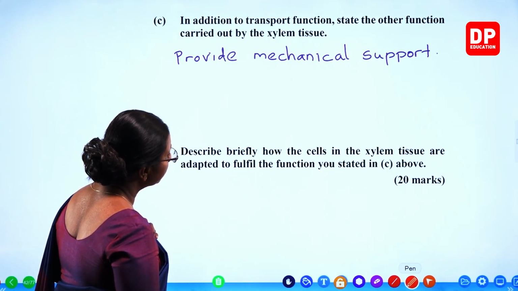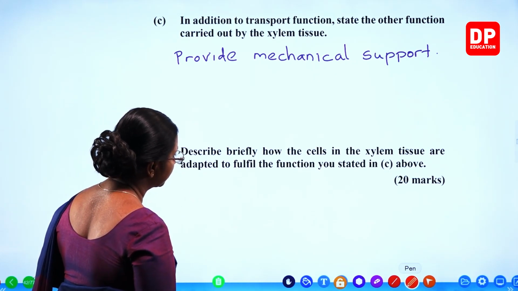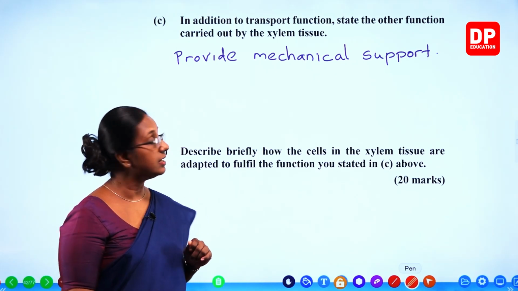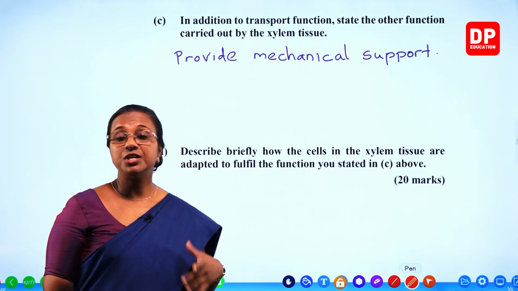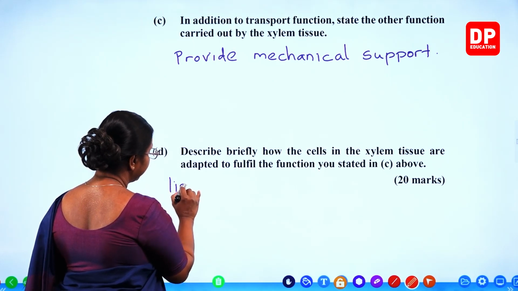Then the last part of the question, here you can see D part. Describe briefly how the cells in the xylem tissue are adapted to fulfill the function you stated in C above. So, what is the adaptation? They are lignified cells.